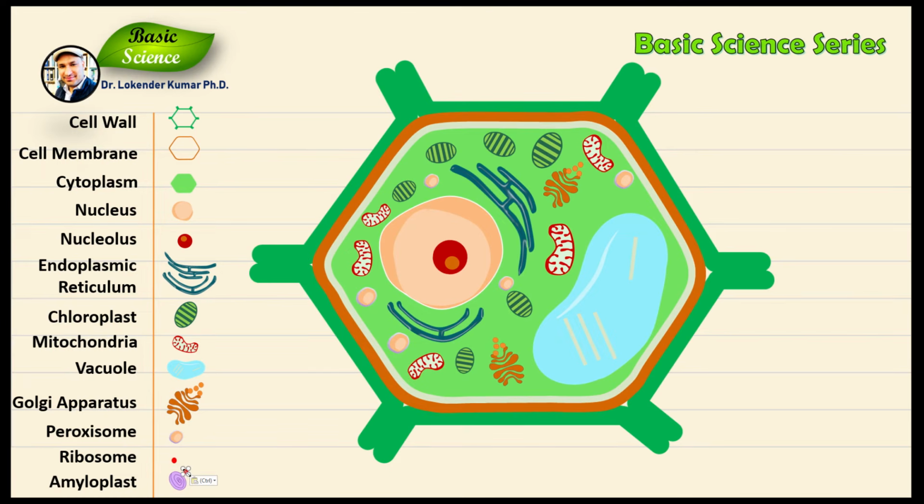this red dot, ribosomes, right? Any structure, any living organism or any living cell requires this particular organelle. Whether it's bacteria, whether it's animal cell, or whether it's a plant cell, they all require ribosomes, they all require genetic material.